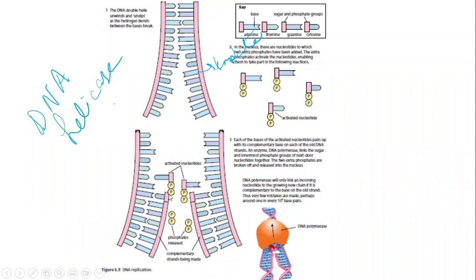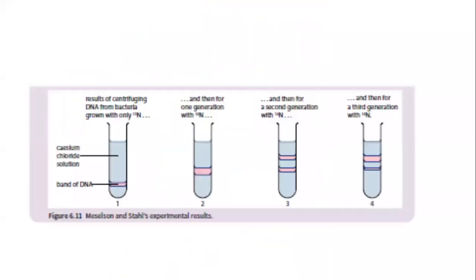The activated nucleotides make a bond with your sugar. They're going to make your phosphodiester bond. And who is going to help you make this bond? DNA polymerase.